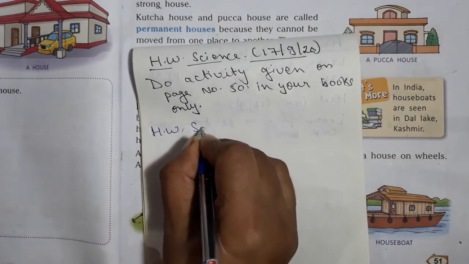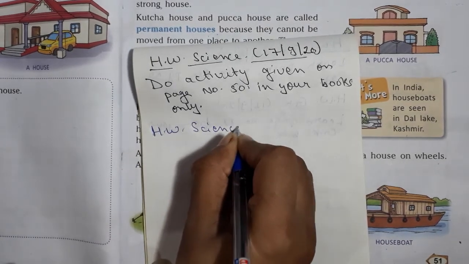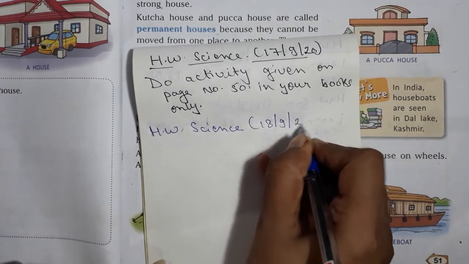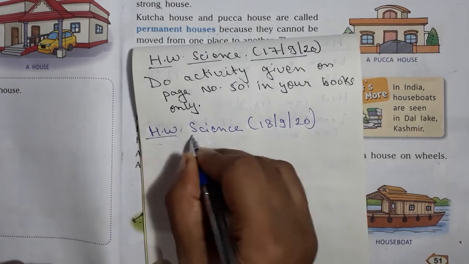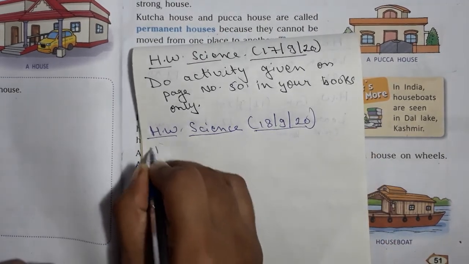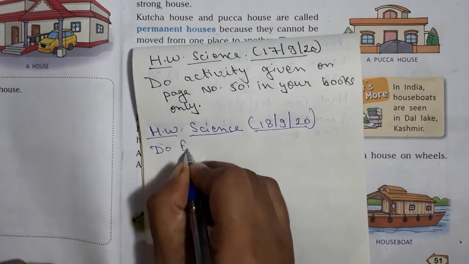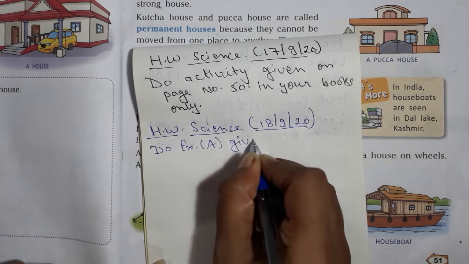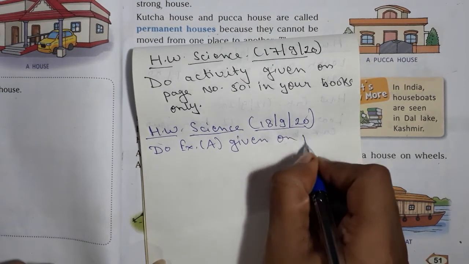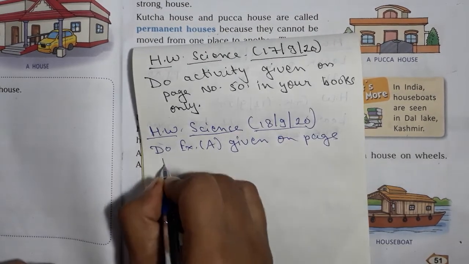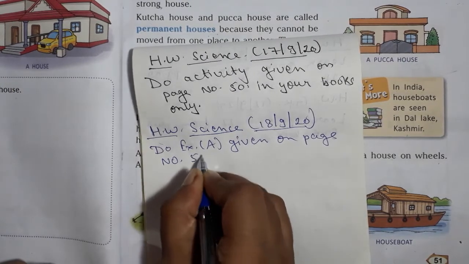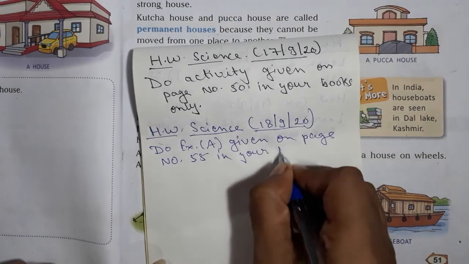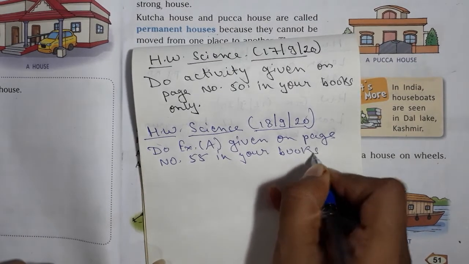Homework, science. Today is 18th 9th 2020. Do exercise A given on page number 55 in your books only.